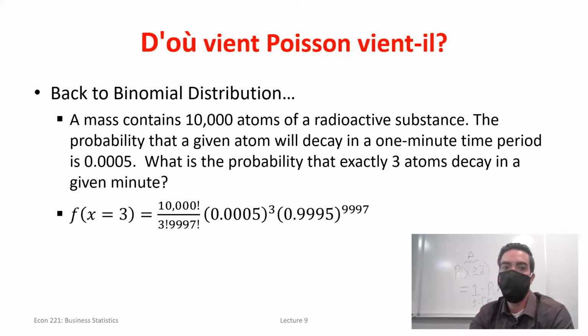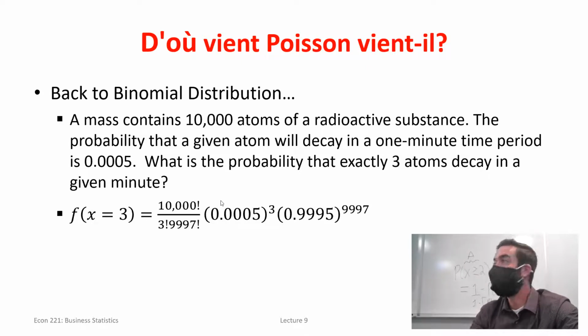If I write this out as a binomial, I've got 10,000 factorial. Obviously, we've talked about how a lot of these things can cancel. But assume I had a slightly different example where I want to know the probability that 100 decay. Then I'm still left with a huge number up top and a huge number below, and I might not be able to do this on a normal calculator.